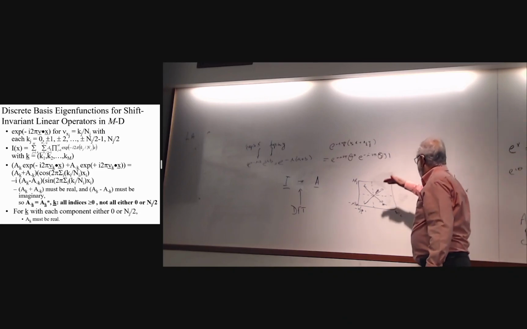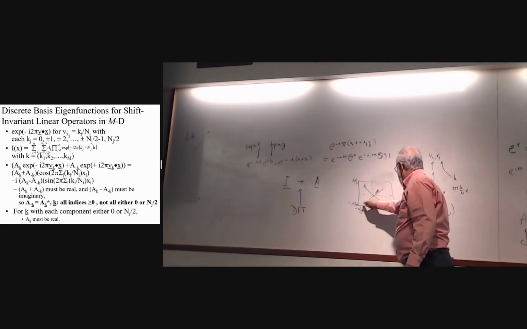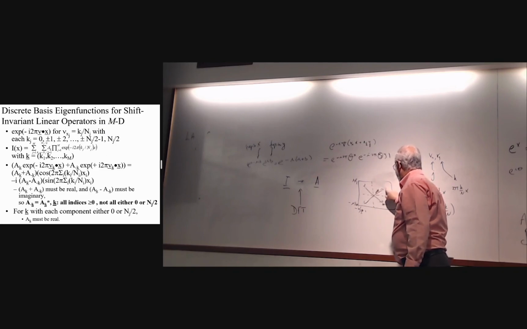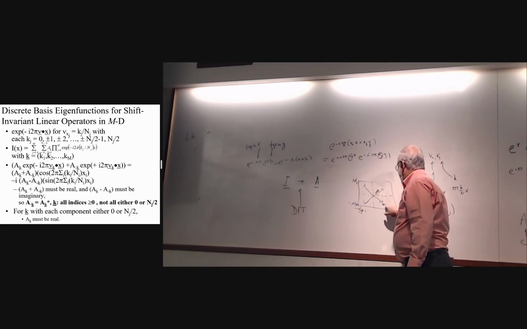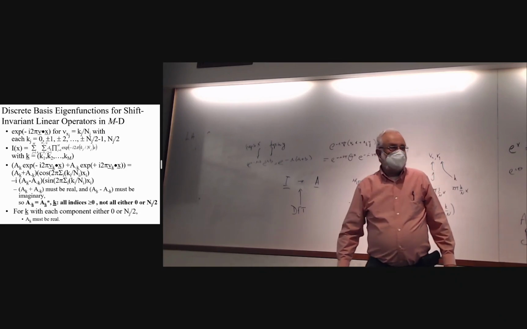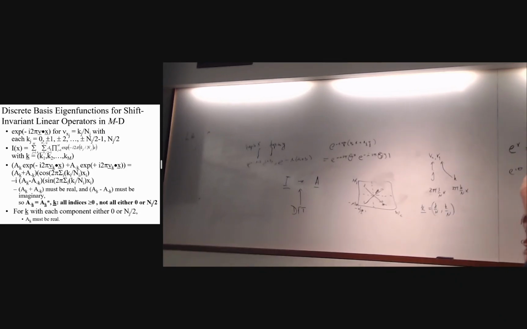But instead of being a straight complex conjugate, the guys with both positive frequencies and the guys with both negative frequencies are complex conjugates of each other. And these guys with one frequency positive and the other one negative are complex conjugates, but when the first one's negative and the other one's positive.